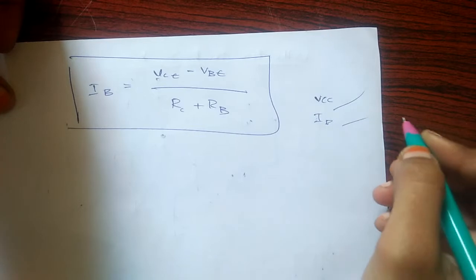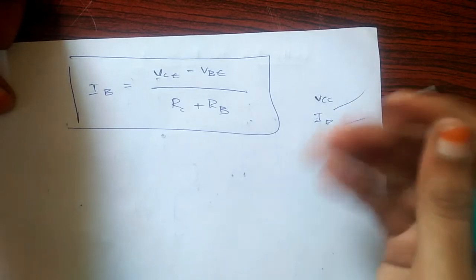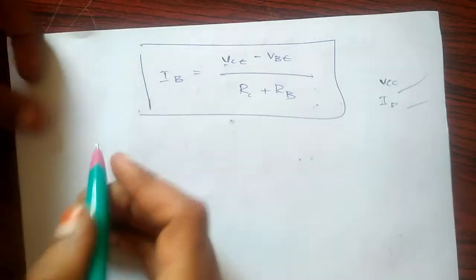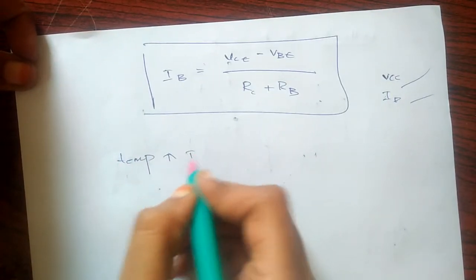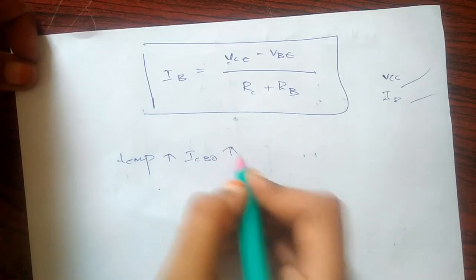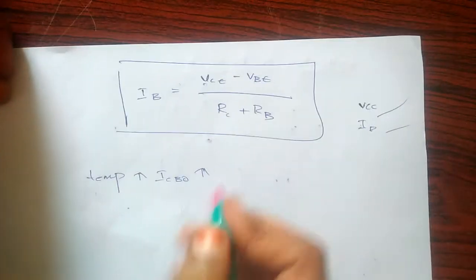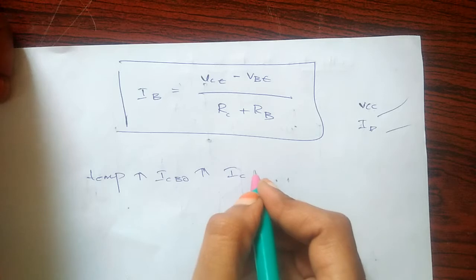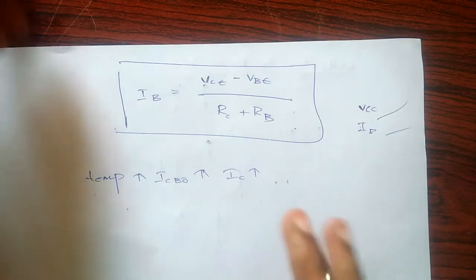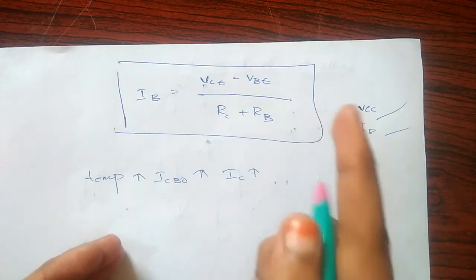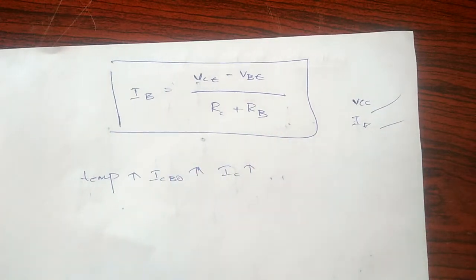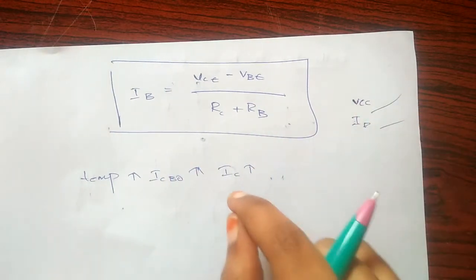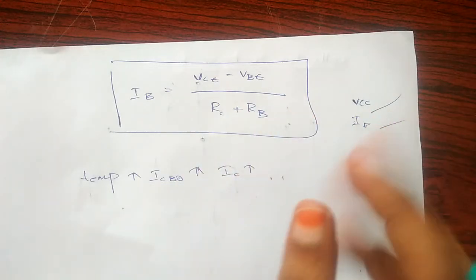Now what are we going to find? How it is working. So see here, we know that if temperature is increased, then the leakage current ICBO will increase. As ICBO increases, collector current IC will increase. It further increases the temperature, then ICBO and IC rise and the transistor will burn out. It is discussed in thermal runaway, isn't it?